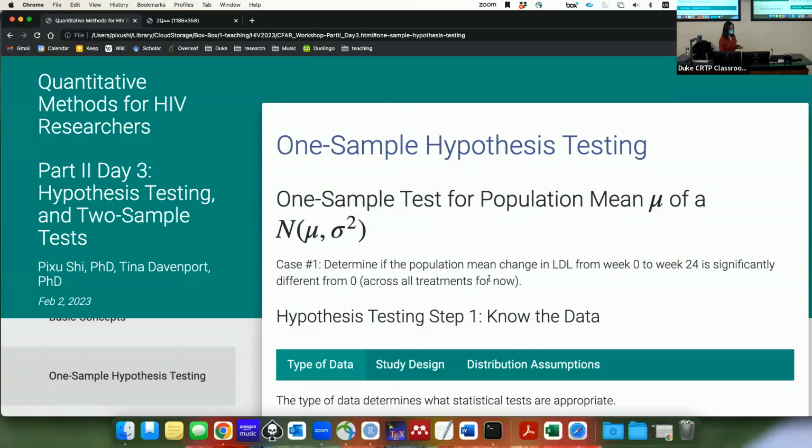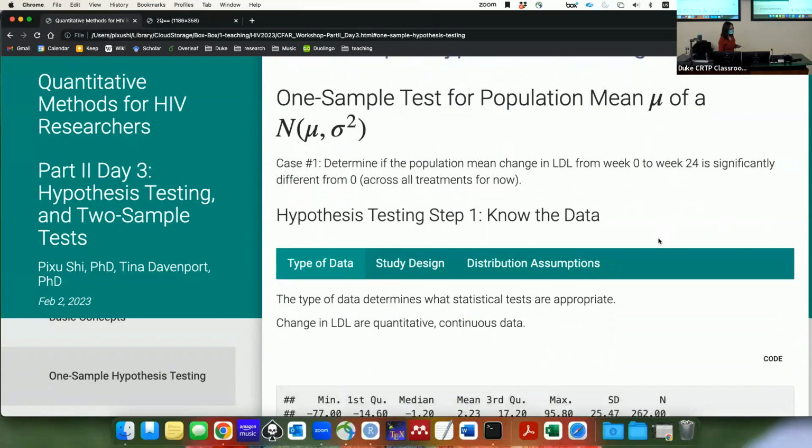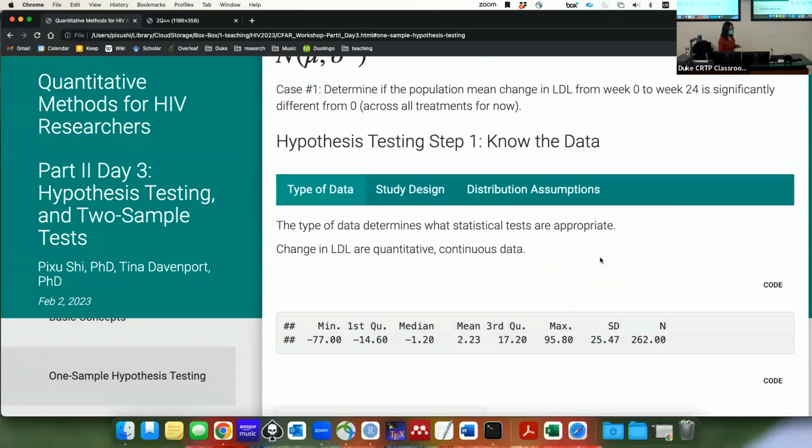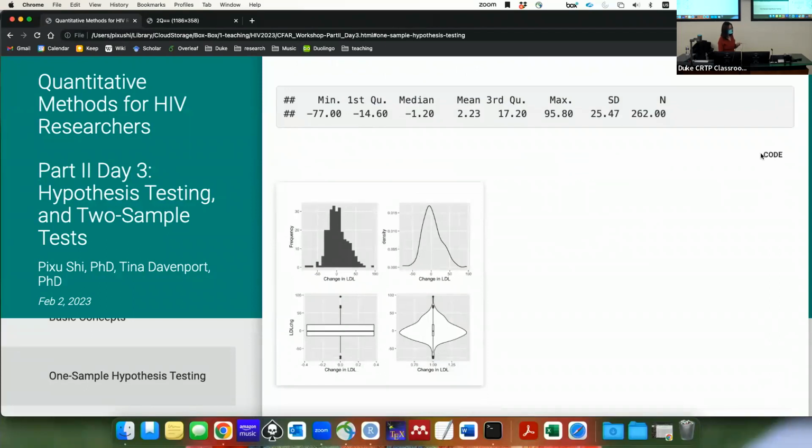Suppose that we are still looking at this change of LDL after the drug treatment. Here we can look at the type of data. The LDL comes in continuous numbers. So we will not be using count distribution. You can check the mean, the quantiles, and you can also check the distribution by using histogram, box plot, violin plot, density fit.